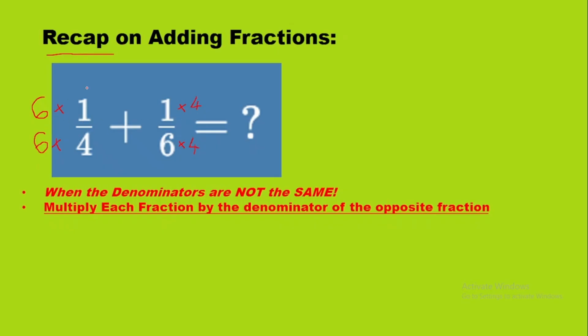So let's look at it now. We have 1 times 6, which gives you 6, and 6 times 4 would be 24.